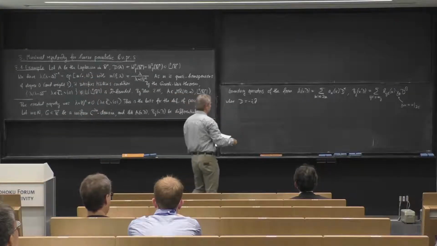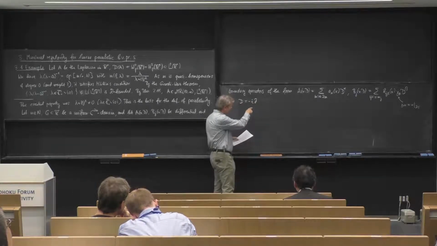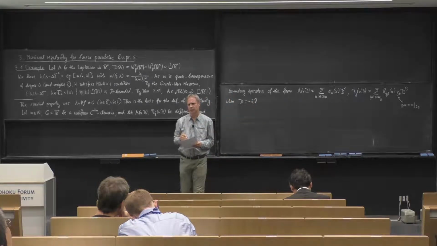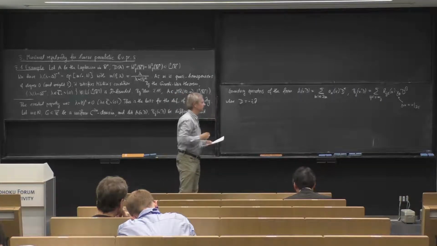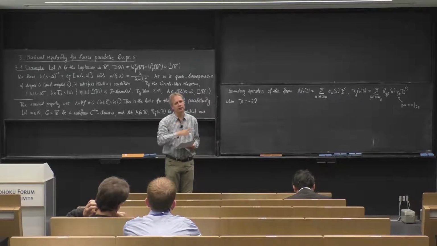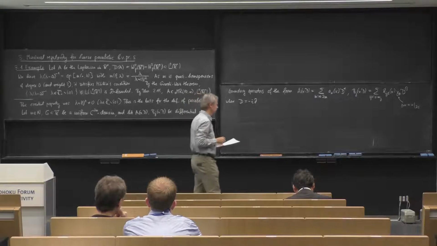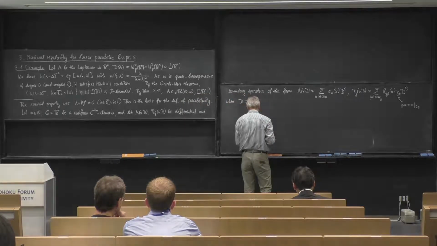So d to the alpha in the multi-index notation is just minus i to the modulus of alpha. And this minus i comes from the fact that I want to apply Fourier transform. So in Fourier transform, this d becomes psi. The partial derivative becomes an i psi, and I want to omit this i there. I introduce this.